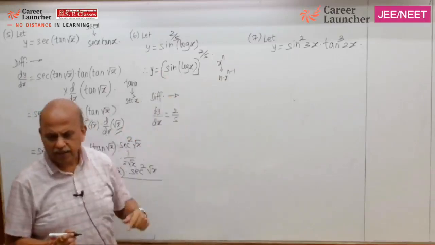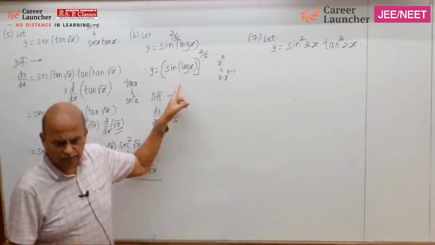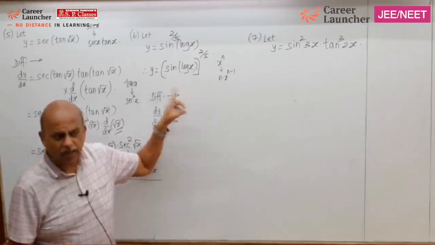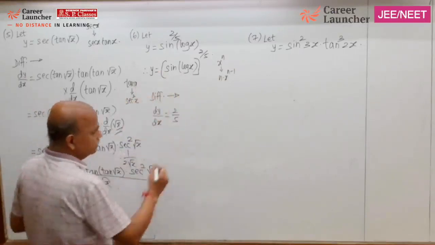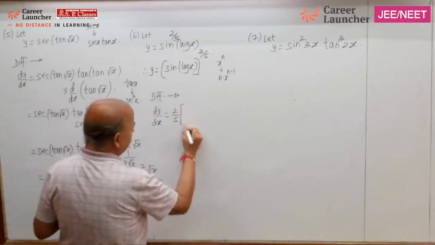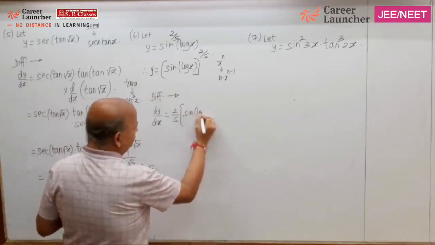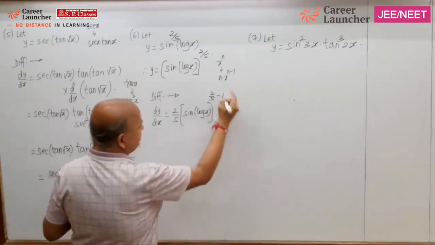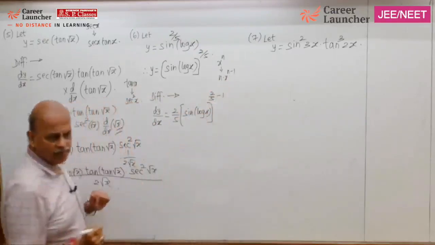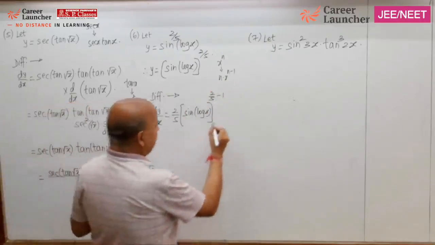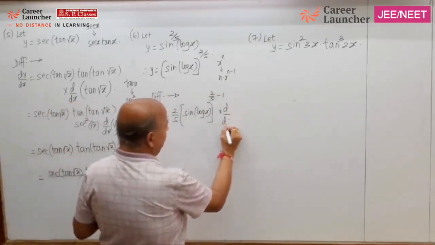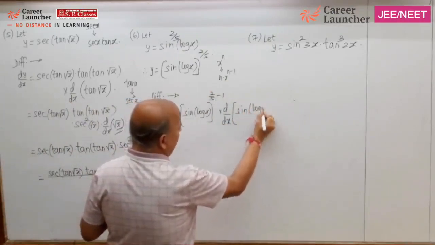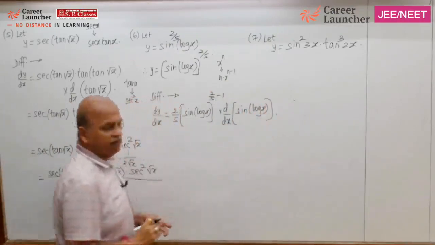The composite part. Come on, once again, tell me, what is the composite part here? Sine of log x. Don't say sine log x. Sine of log x. 2 by 5, sine of log x bracket raised to 2 by 5 minus 1. We used the standard formula, and further multiply by the derivative of the composite part, meaning derivative of sine of log x, and you will get the answer.